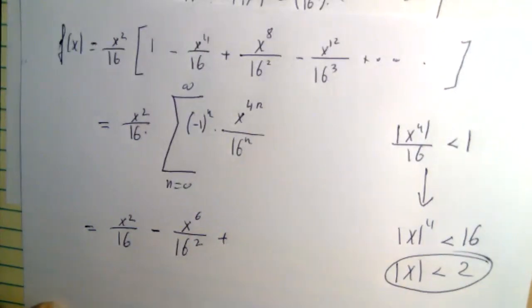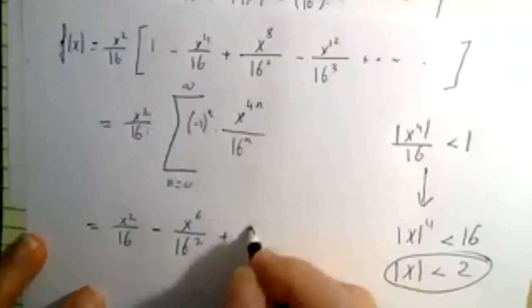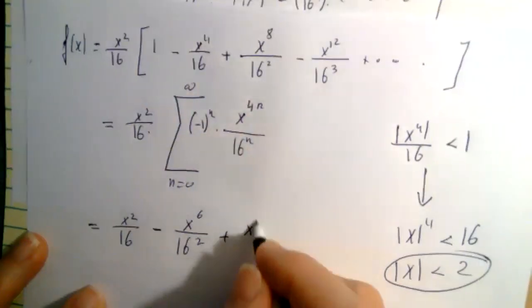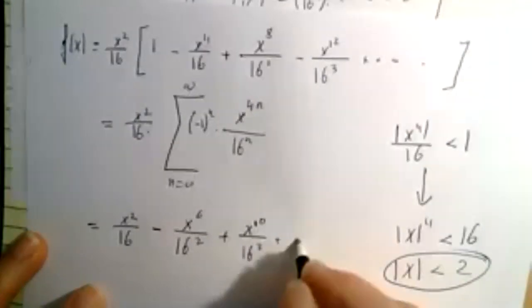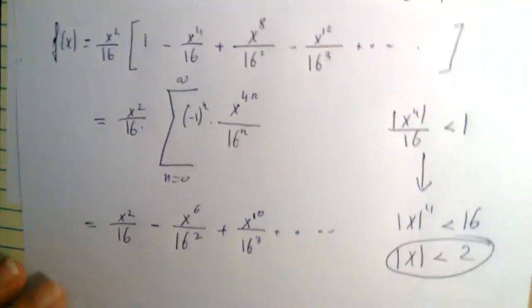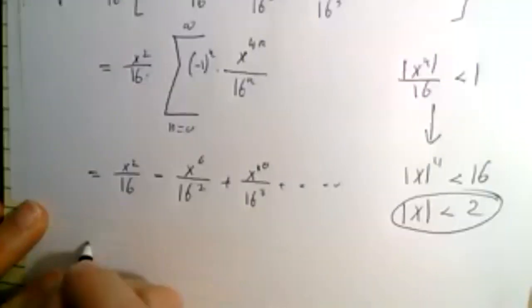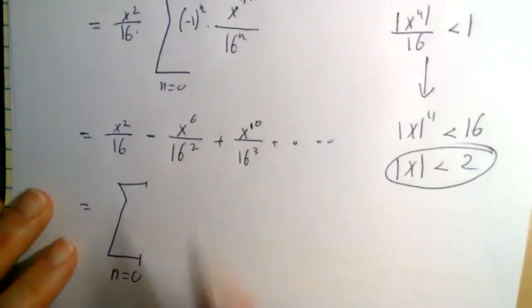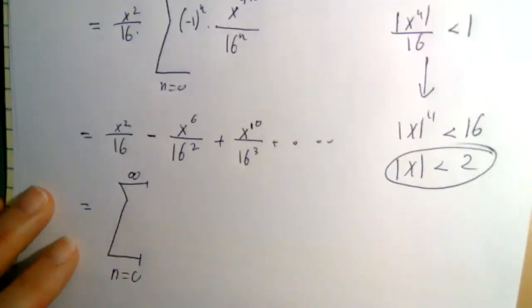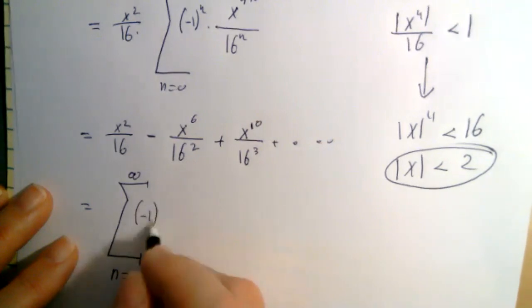Plus, so we're almost at the end, x squared times that, we add powers now, over 16 to the power 3, plus so on. And in sigma notation, it's going to become the sum from n equal 0 to infinity of minus 1 to the n.